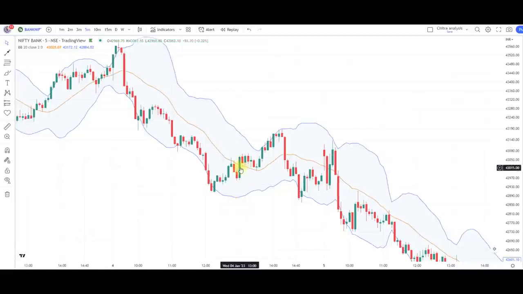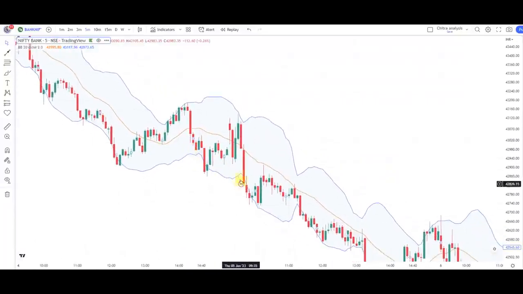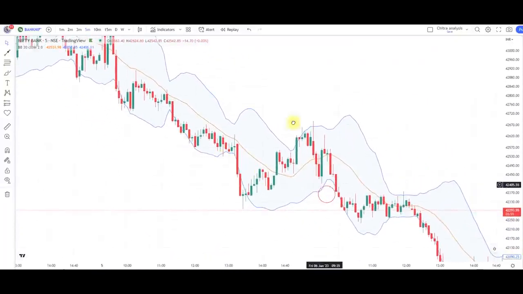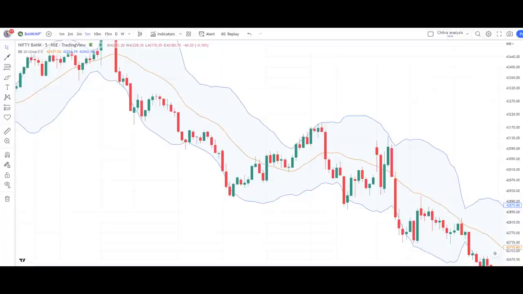When the price, that is candle, is away from the 20 SMA, the candle price will always attract the 20 SMA. You can all see here everywhere it is like that. We can see how we can enter into the trade using the Bollinger Band. Here we can see that the price is continuously in the downtrend.